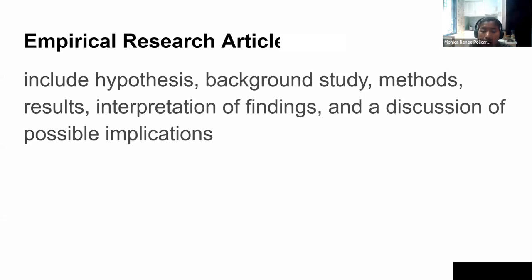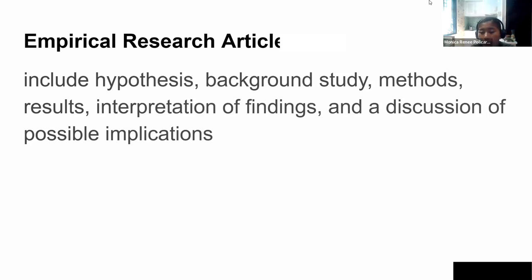Okay, so empirical research articles are the ones that you usually encounter. It is usually testing a hypothesis, and of course it has some background in it. For example, the background study refers to some definitions of the IV, the justification of the study, and the justification of the relevance of why the question matters, okay?